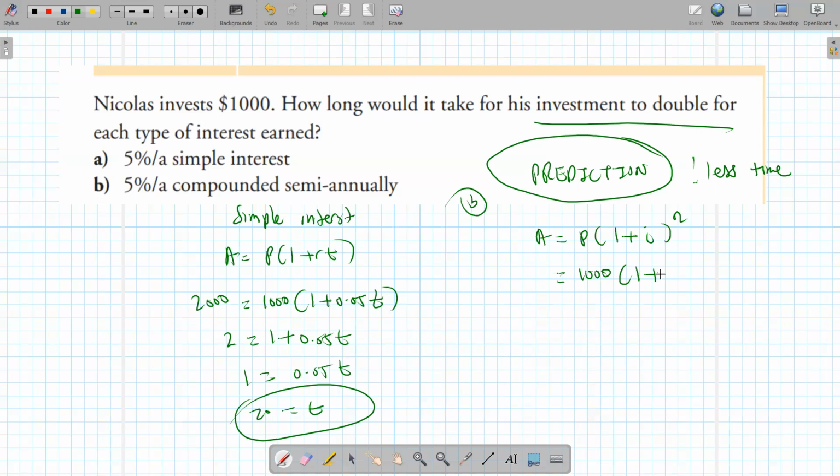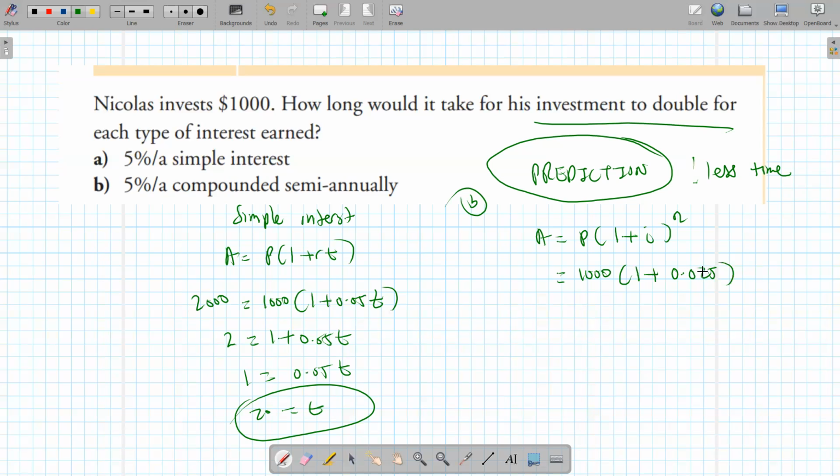So what does semi-annually mean? What do you do with the 5? You divide by 2. Right, so you get 0.025, okay? Are we looking for n or A? We're looking for n, right?